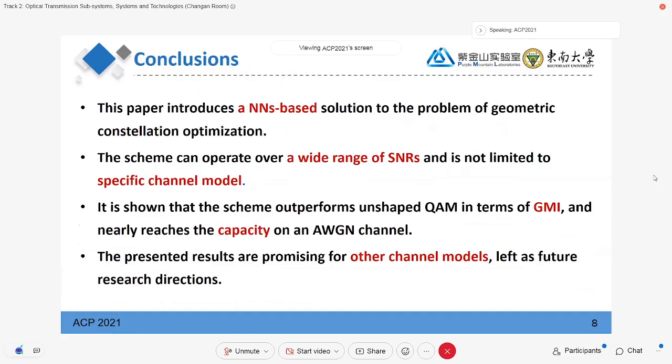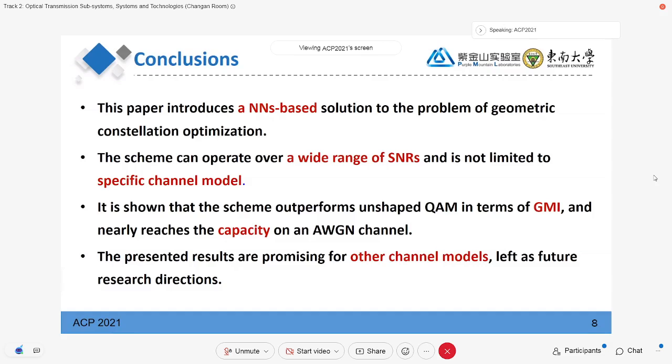Finally, we give the conclusions. In this paper, we introduced a neural networks-based solution to the problem of geometric constellation optimization. The scheme can operate over a wide range of SNRs and is not limited to a specific channel model.